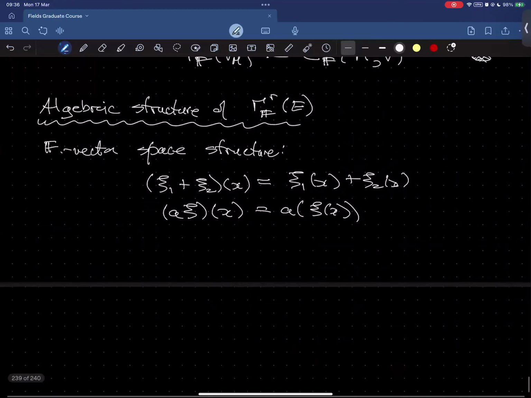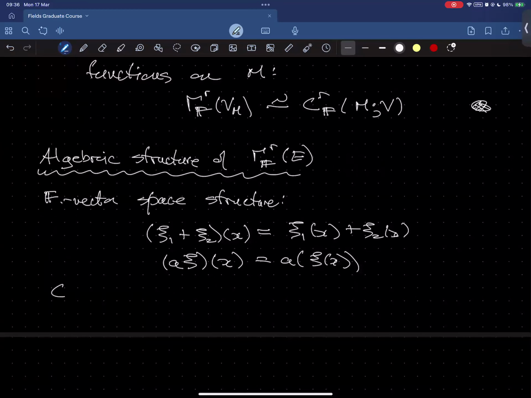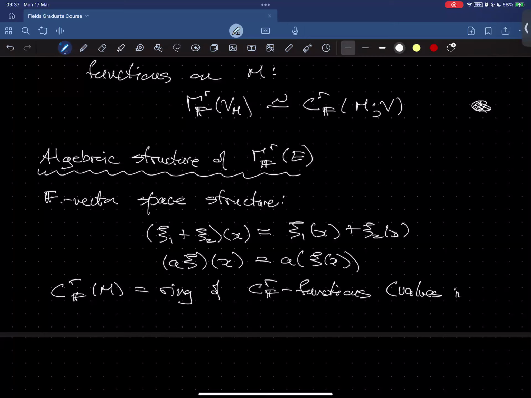All right. So we have this space of scalar valued functions, and I denote this by this.